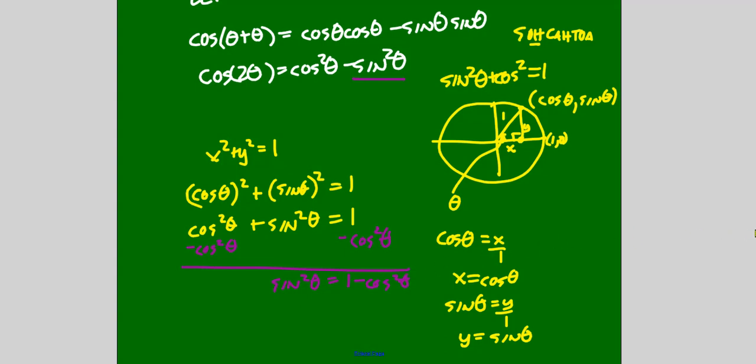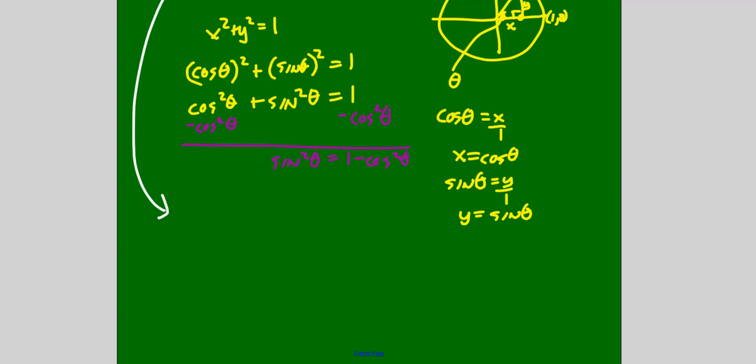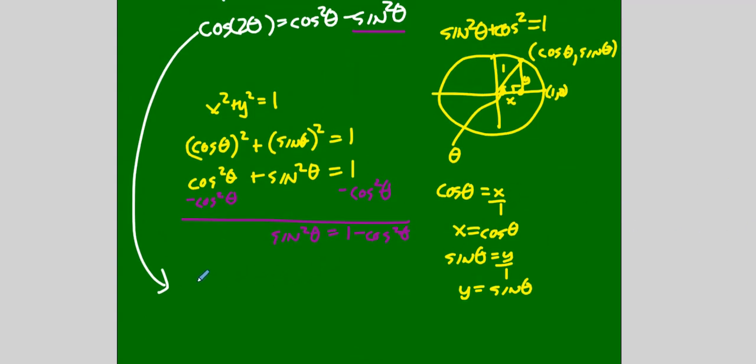So now I'm going to make that substitution right here for sine squared theta. Bringing this around, we have cosine 2 theta equals cosine squared theta, and I'm going to replace sine squared theta with minus the quantity 1 minus cosine squared theta.